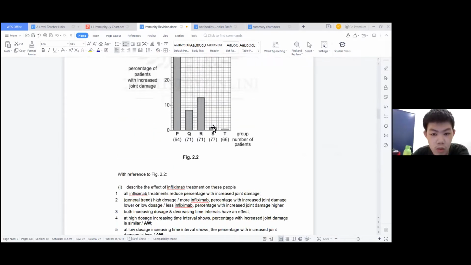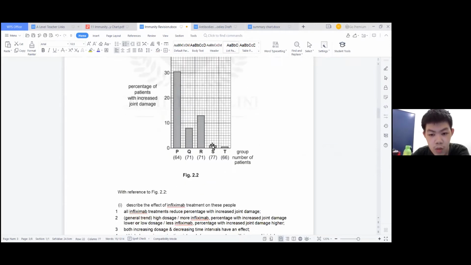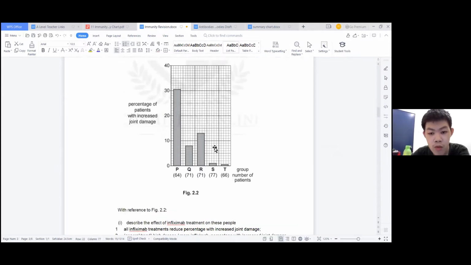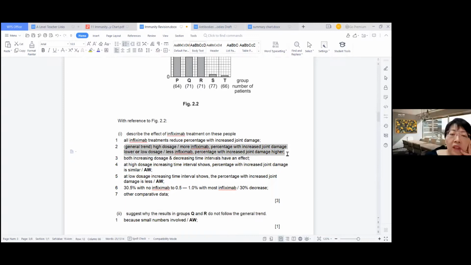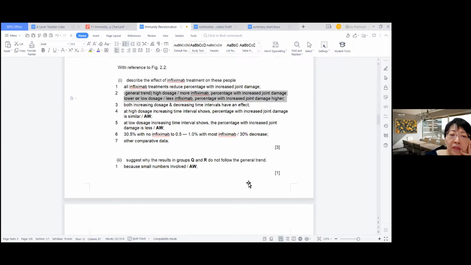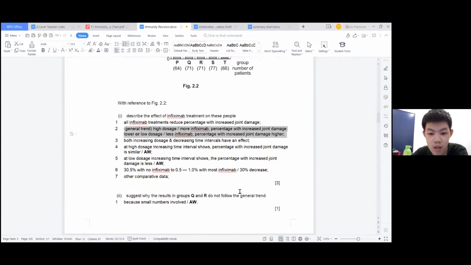The general trend would be, if you see for the high dosage one, the time interval 8 weeks one will be higher than the 4 weeks one. But that's the meaning of general trend. Maybe I think so. If you need to guess the meaning of general trend, otherwise I won't understand what is the general trend.